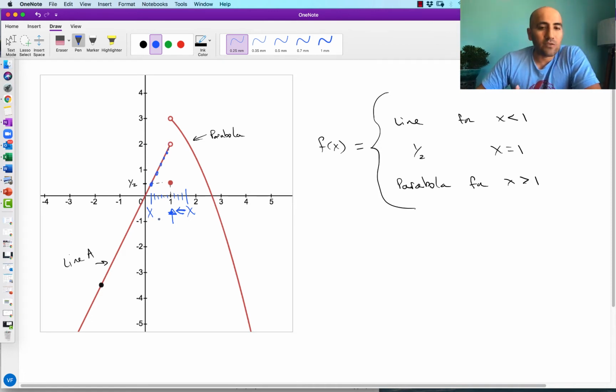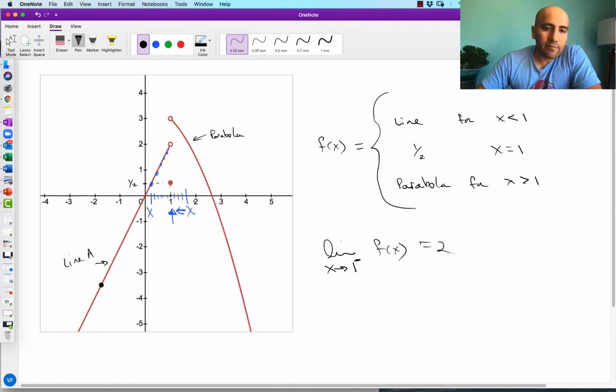Remember that in limits, we don't care about what happens at the actual number. We care about where it is going as we go there. So here we would write something like this: the limit as x approaches 1 from the left-hand side of our function f of x. From the picture, it looks like they're heading toward the number 2. This limit equals 2.